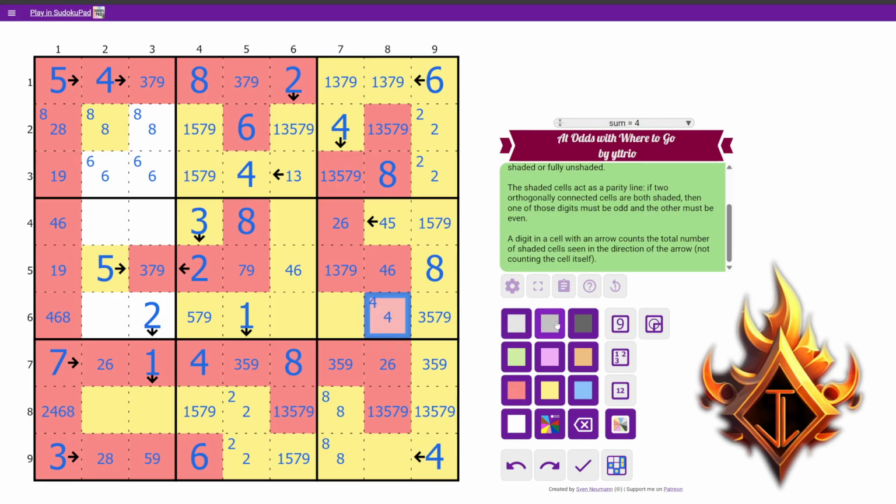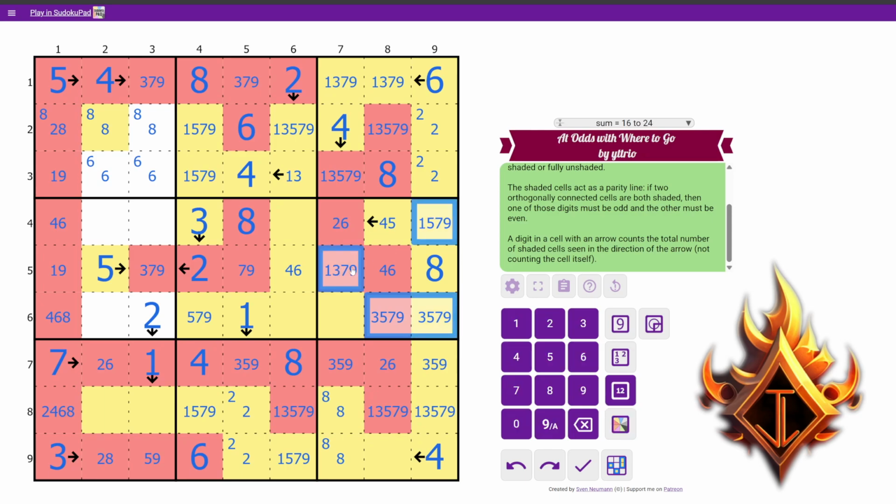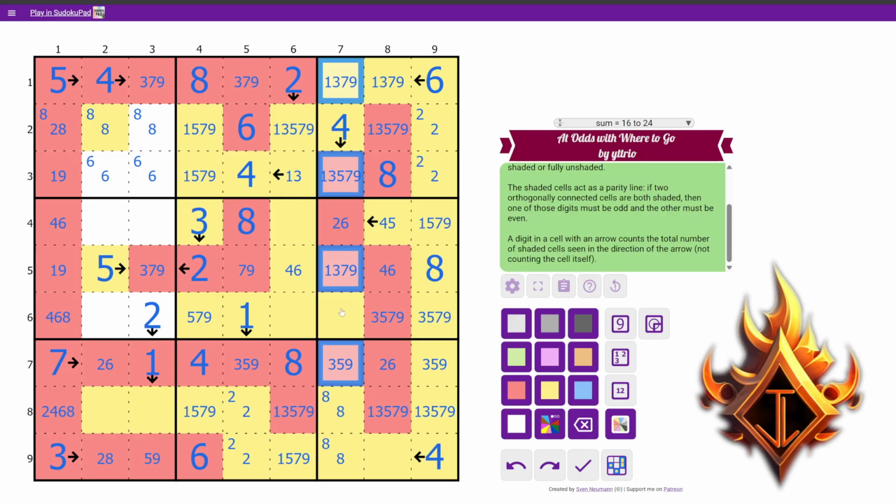Now this cannot be 4. It will be odd: 3, 5, 7, 9. And 1, 2, 3, 4. Is that the last? If that is the last odd, then... Oh, this is yellow to avoid a 2 by 2.